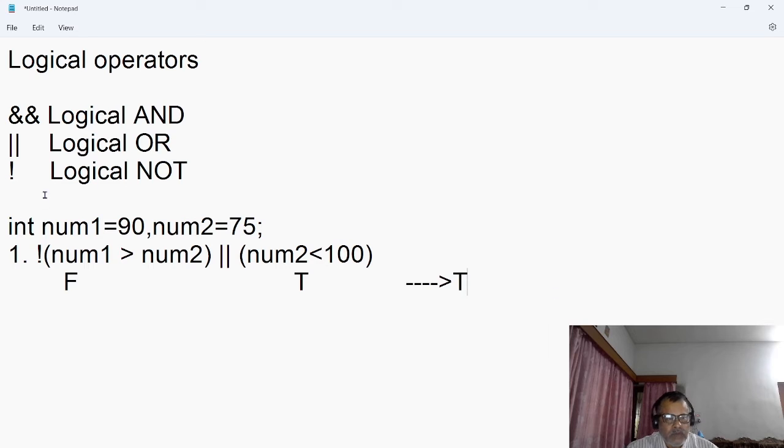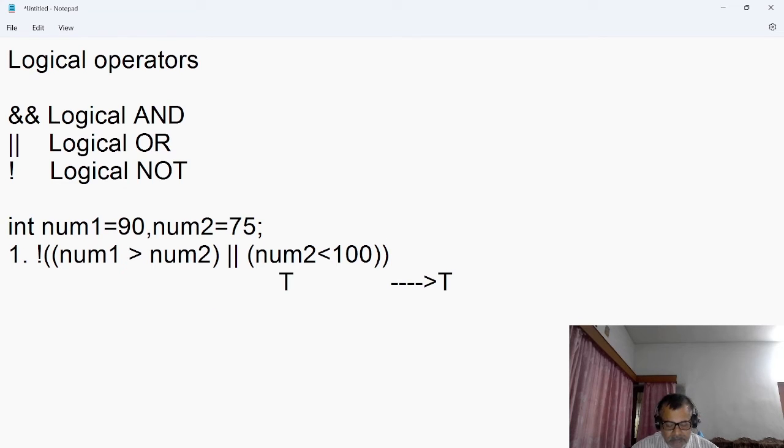Okay. And if you want, you can combine both also, like this. If I put a bracket here and here a closing bracket, then what will happen? What is this? Num1 greater than num2, it is true. True and true, it is true.